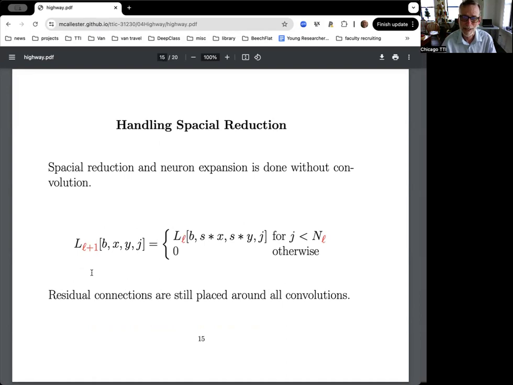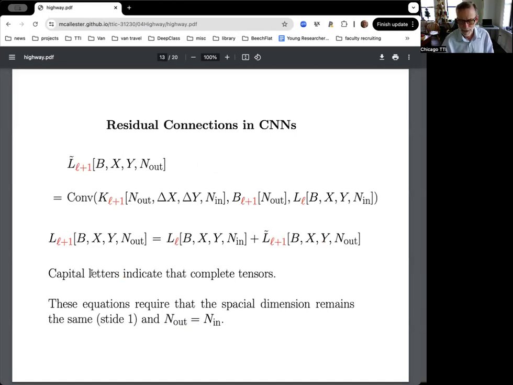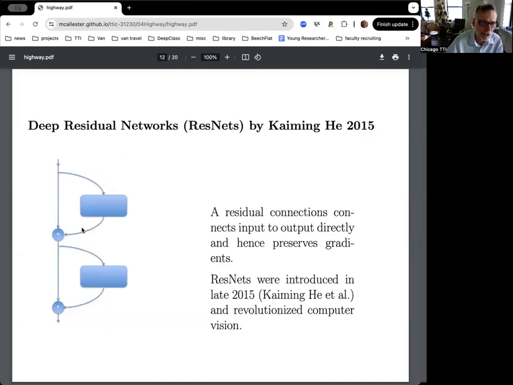Now, another thing you have in convolutional networks for vision is that eventually you reduce the spatial dimensions. You do a couple levels of processing at the original input image dimensions, and then you typically reduce by a factor of 2. If you've got 128 by 128, you go to 64 by 64. Now, when you do that, you've got different shapes. You've got something coming in that's 128 by 128 and something that's being produced here that's 64 by 64.